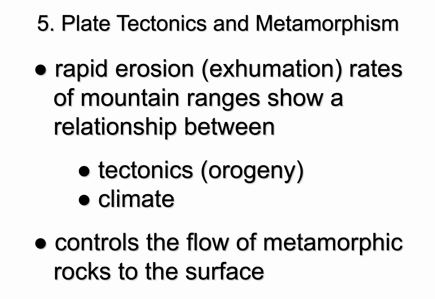Yeah, of course, if you have a lot of rain, then weathering will take place much faster, and therefore the erosion rate is higher. If you are in a very humid area, then the erosion will also take place much faster. And that controls the flow of metamorphic rocks at the surface.